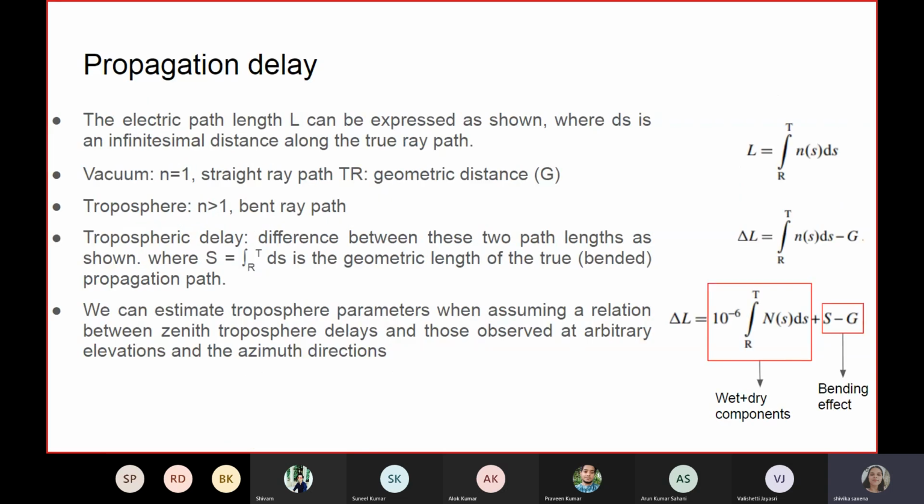So what is propagation delay? The extra distance traveled due to the refraction is known as propagation delay.